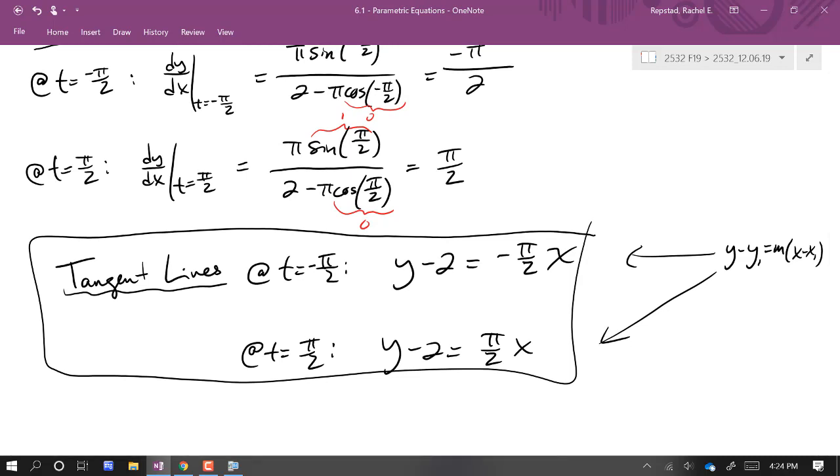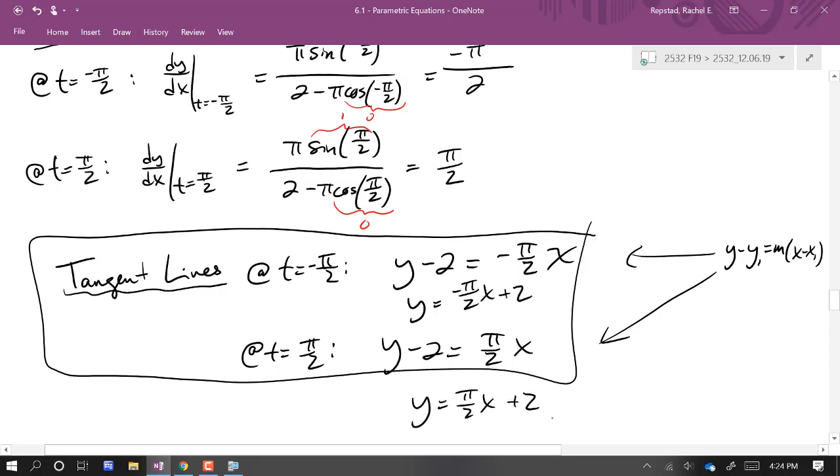Can we put it in slope and stuff? Sure. Other questions? Okay.